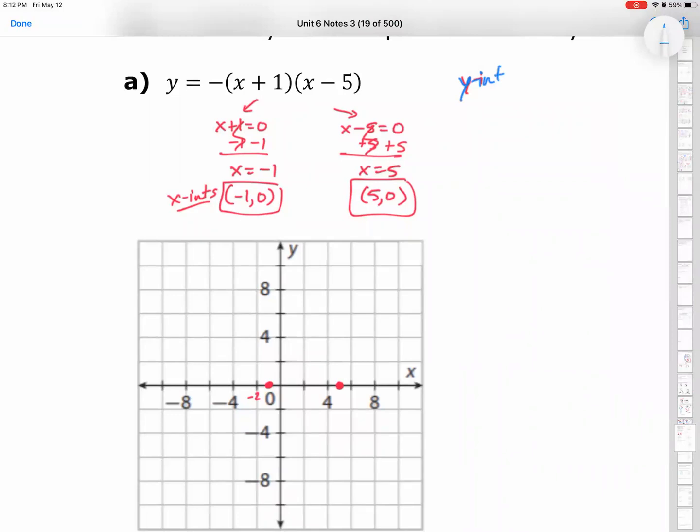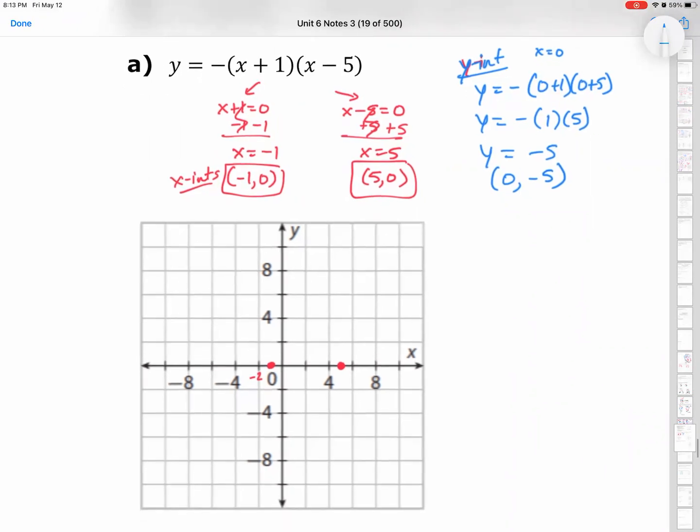For our y-intercept, we know x is 0. So when we plug that in, we end up with negative of 0 plus 1 times 0 minus 5.